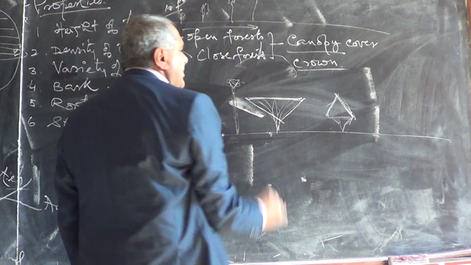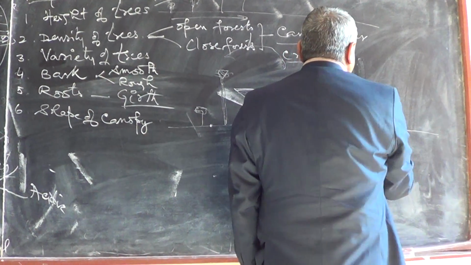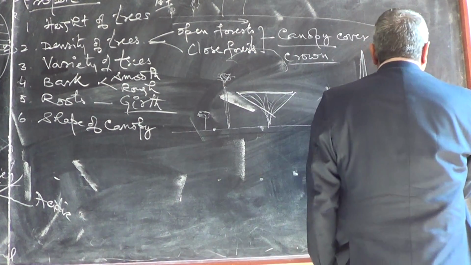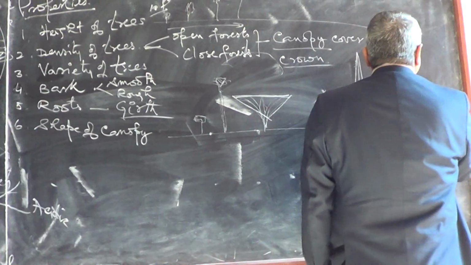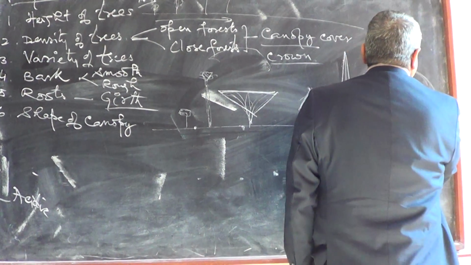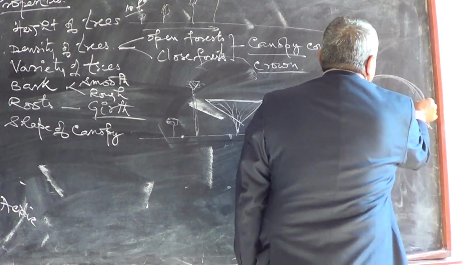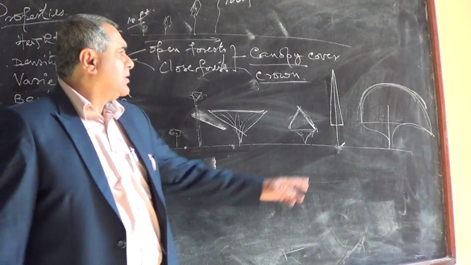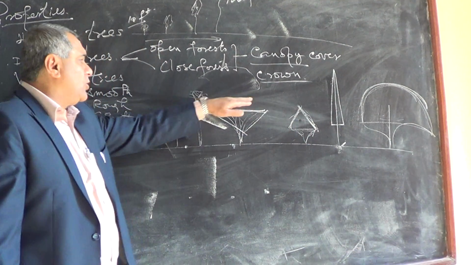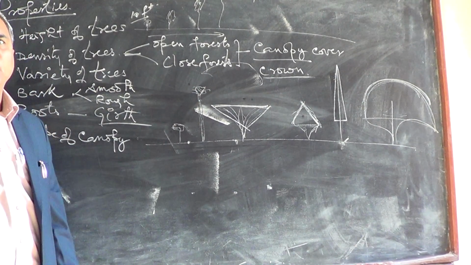This is one triangle, the top is flat. Sometimes the top is like a perfect cone. Sometimes, like the mango tree, it has an umbrella shape. So this is domal canopy, conical canopy, triangular canopy, flat topped canopy, small canopy, unorganized canopy.